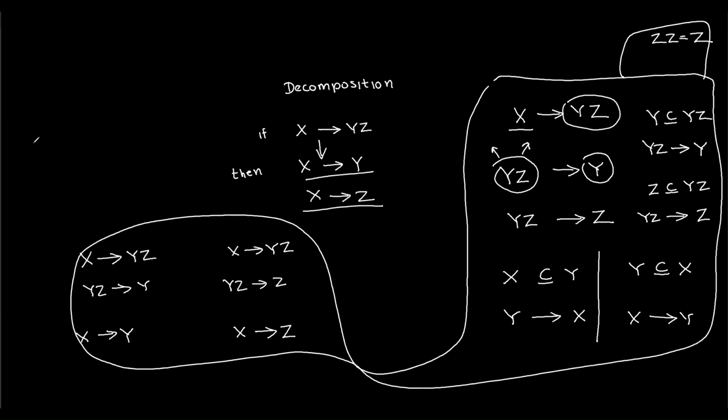Now we are going to look at one of the last additional rules, called pseudo transitivity. Pseudo transitivity is something of a general form.